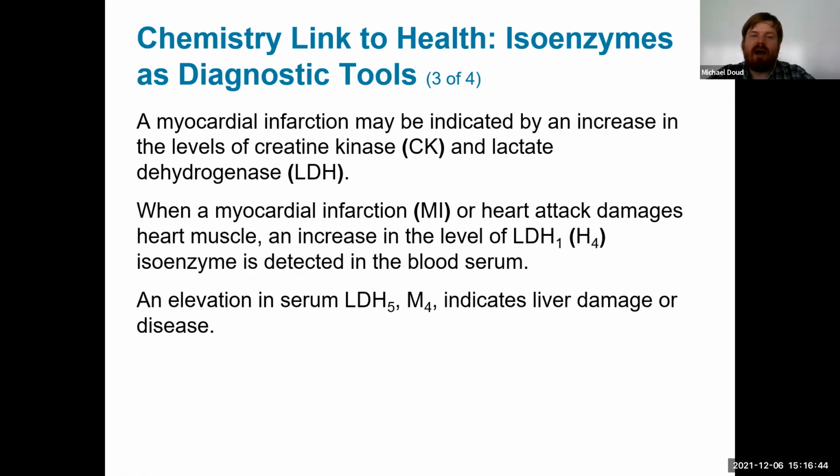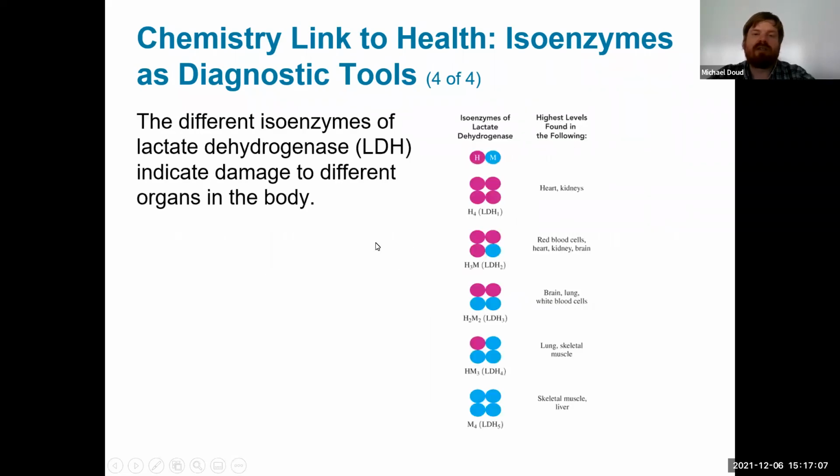If it damages the heart muscle, some of this H4 LDH is actually leaked out into the blood serum. So if you detect it there, that's a pretty good indication. On the other hand, if you notice LDH5, which has 4 of the muscle subunits, M4, that's an indication that you have possibly liver damage or other disease.